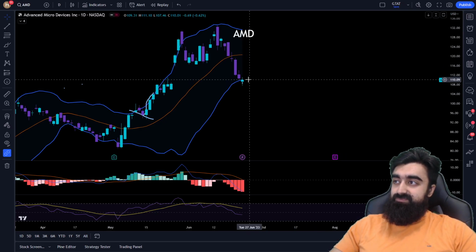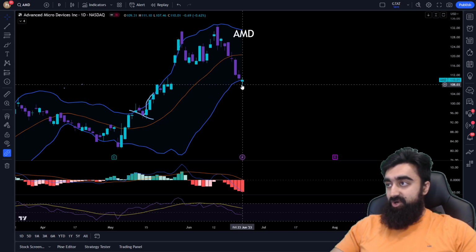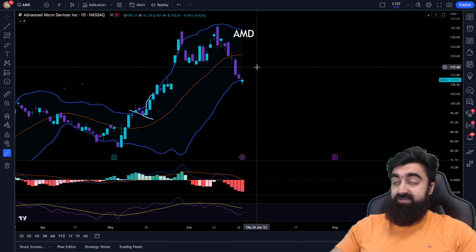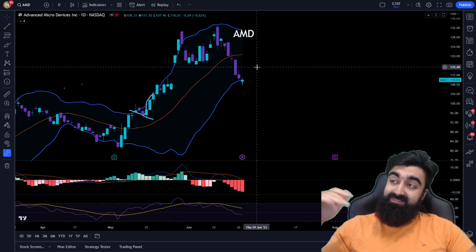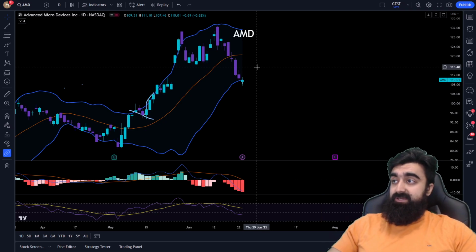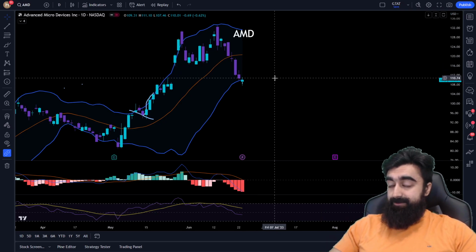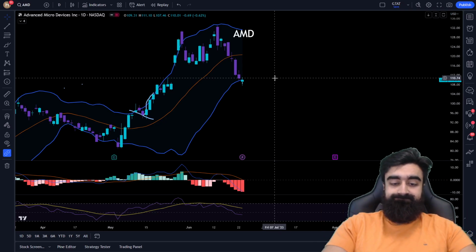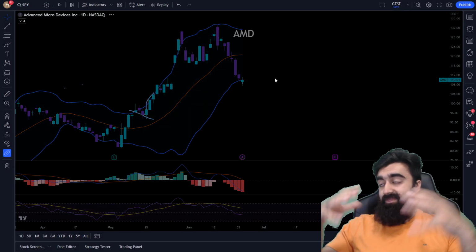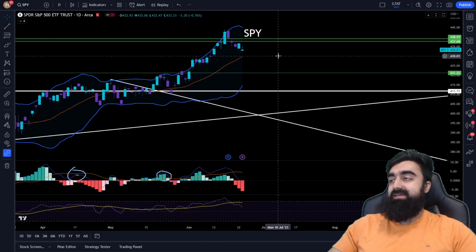I think it ended up hitting 15% on July calls. So it was very, very safe contracts, and they did well. I'm expecting a little bit more upside on AMD, and we filled this gap here, all right? If we get a bit more upside on AMD, then it could help pull the SPY up because of the NASDAQ and everything like that.